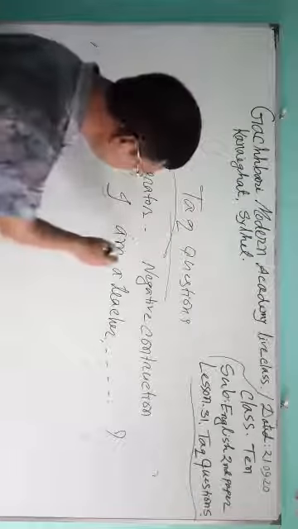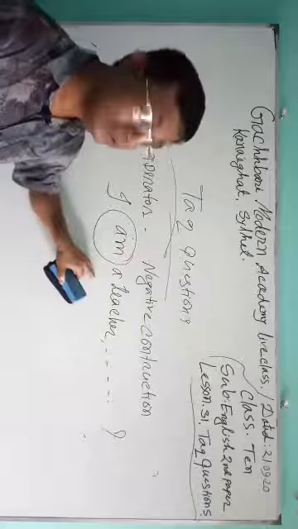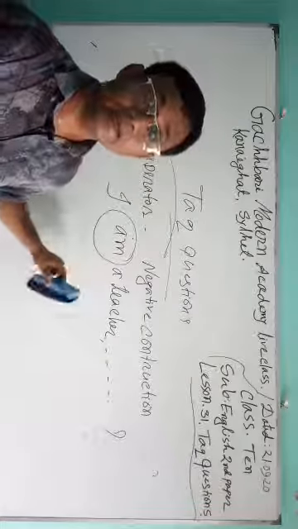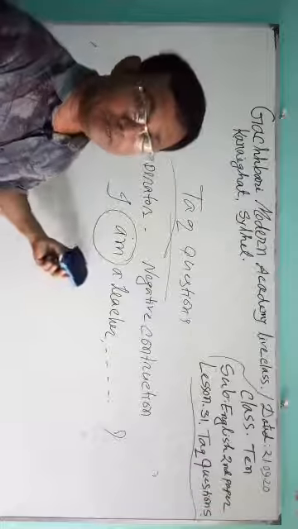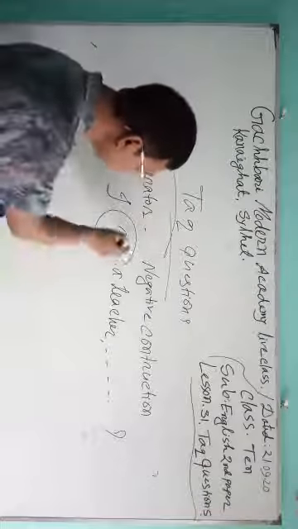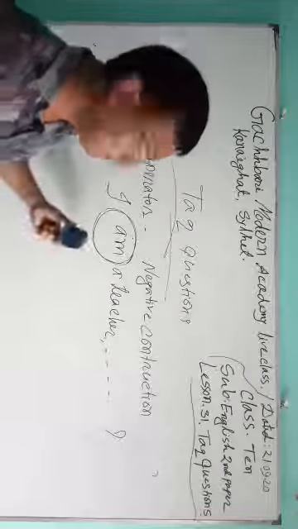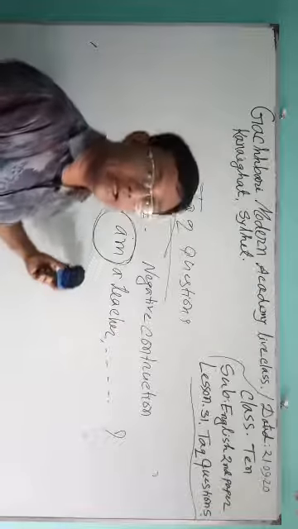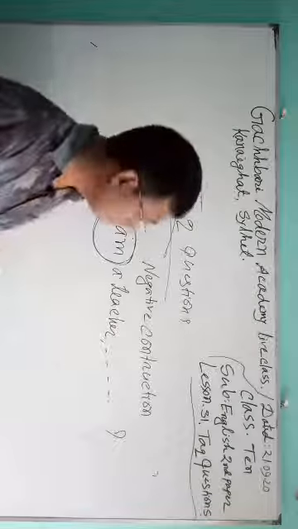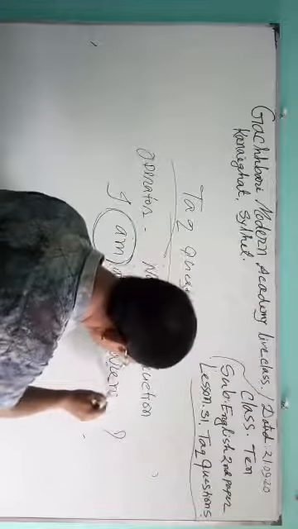I am a teacher. Here, look, this is an affirmative sentence, and here it contains the operator am. So I showed you am is equal to aren't.